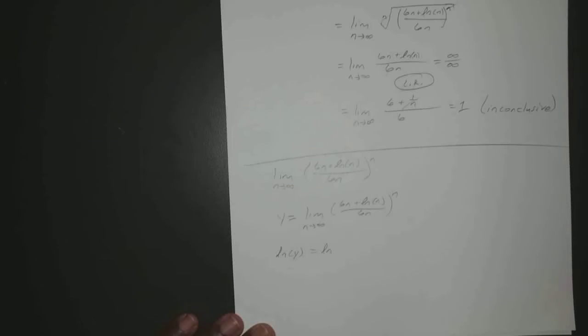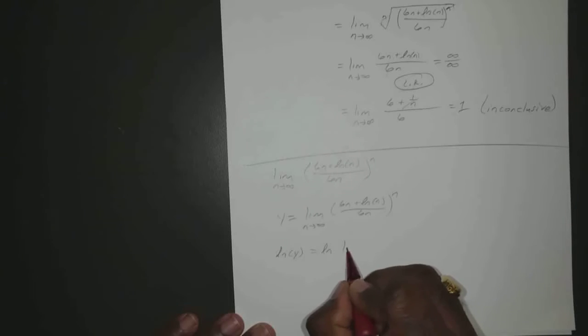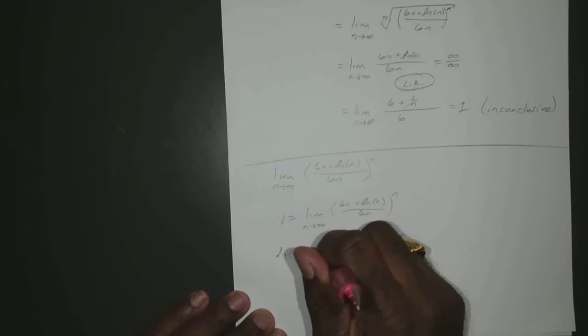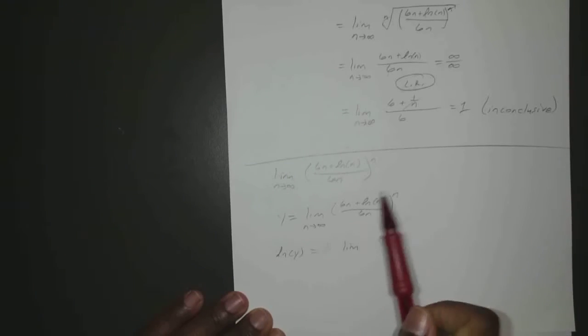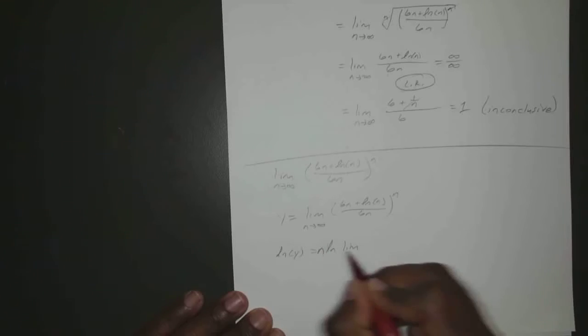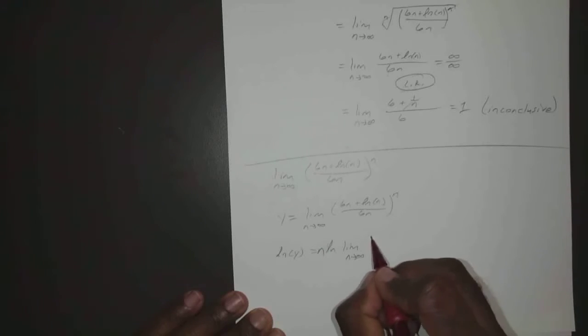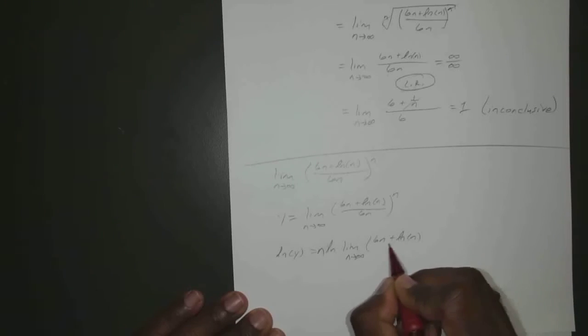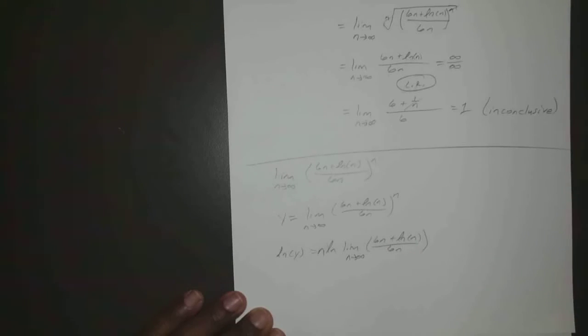Actually, those are continuous, so you can go ahead and switch those two. Let me move that over a little bit because I'm going to bring my n down since I have the natural log. n times the limit as n approaches infinity of natural log of (6n plus natural log of n over 6n).